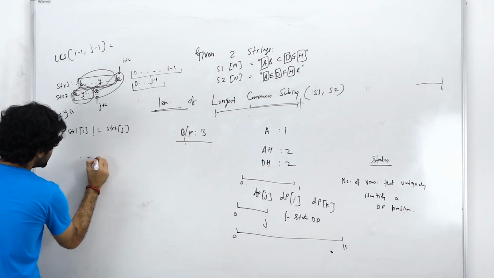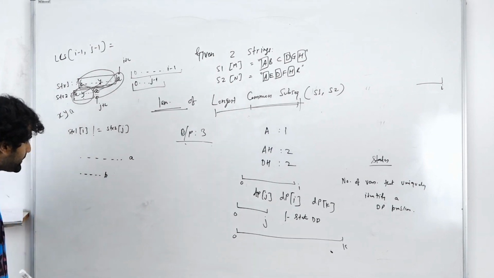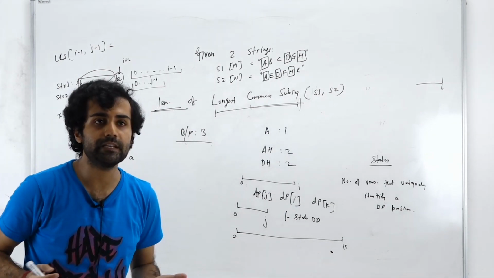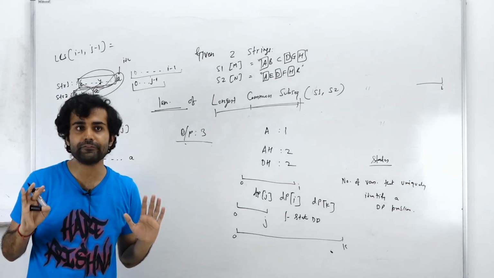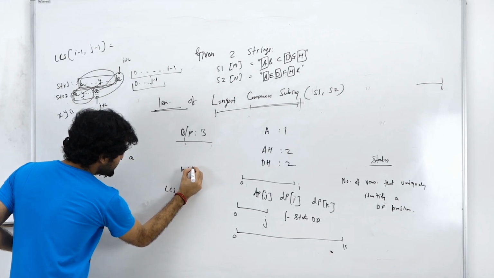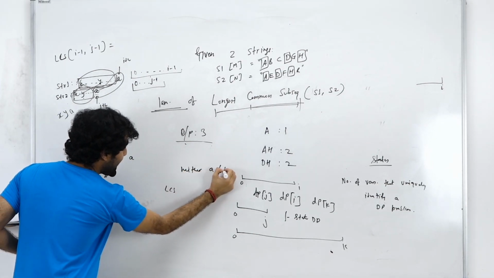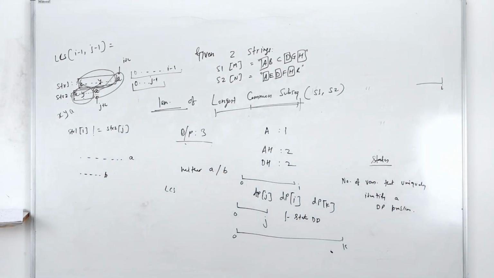Let's say this is A and this is B. Listen to my question: can I say for guarantee that my LCS will neither have A nor have B in it? Is this the right statement to make? Yes or no? It is not the right statement to make, correct?